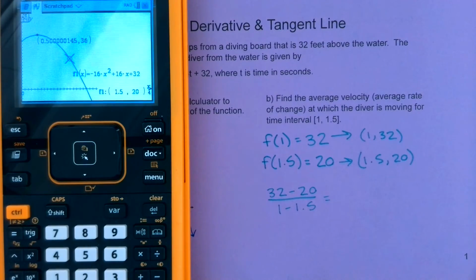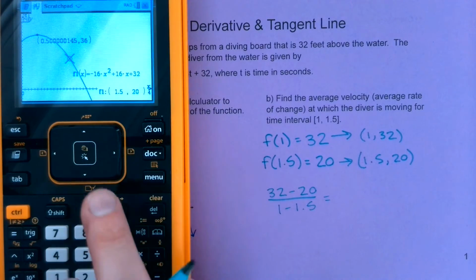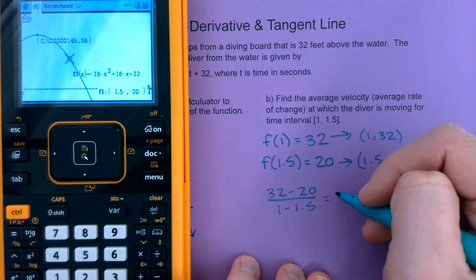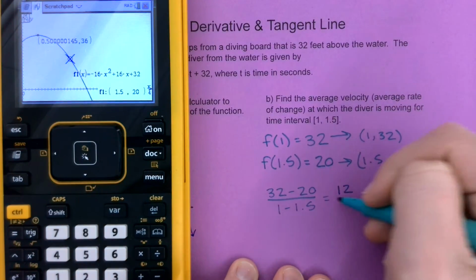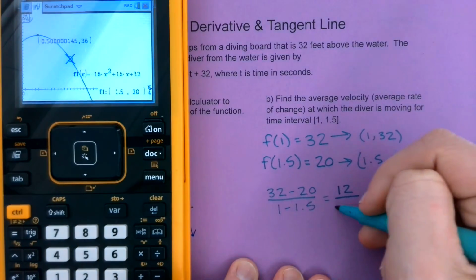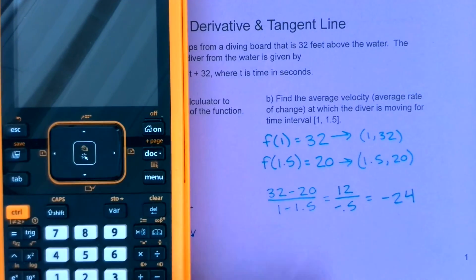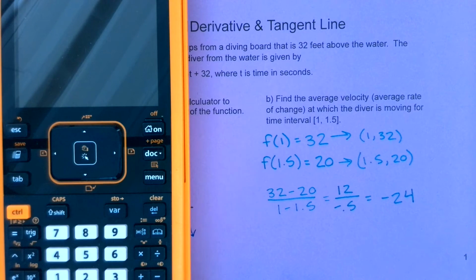Should this diver's average velocity over this time interval be negative or positive? Positive. Okay, we're about to find out. So we've got our 32 minus 20 over 0.5. We got negative 24. So it ends up being negative.